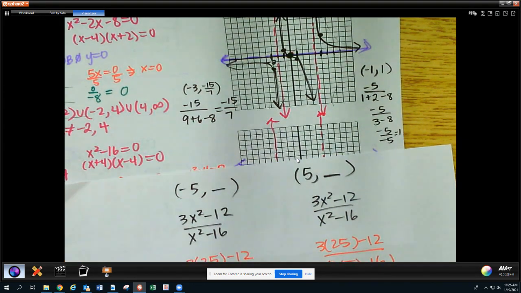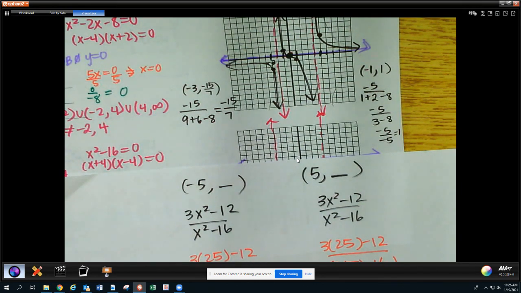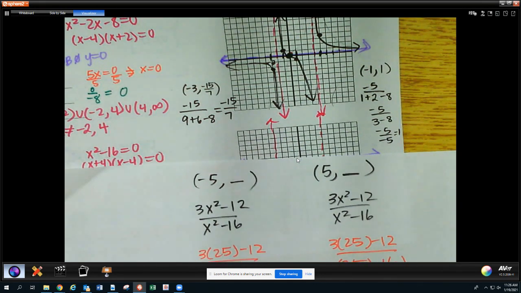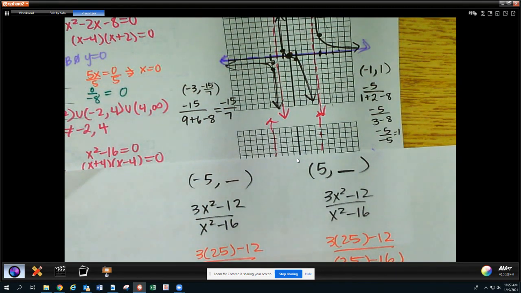So 75 minus 12, I'm going to cheat and use my calculator, over 25 minus 16. 63 over 9, which is 7.